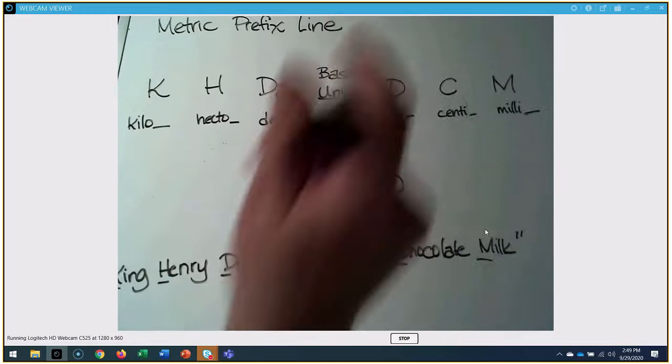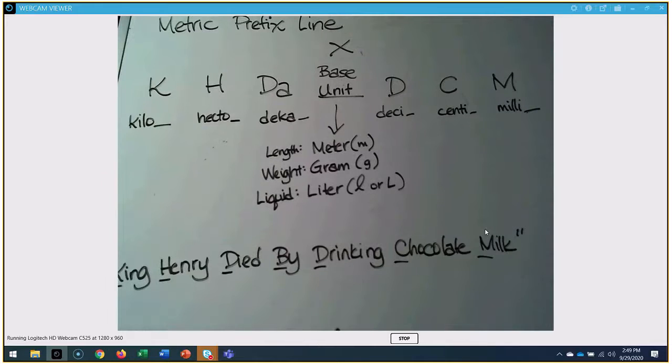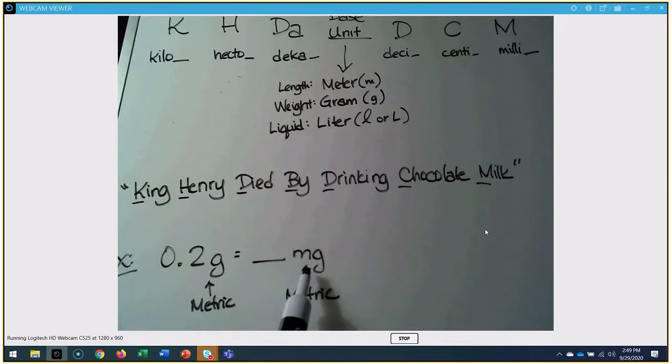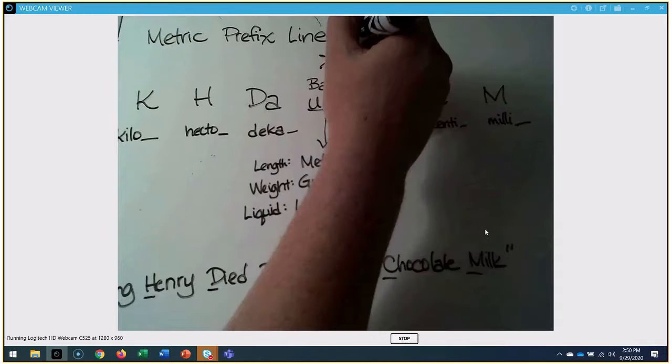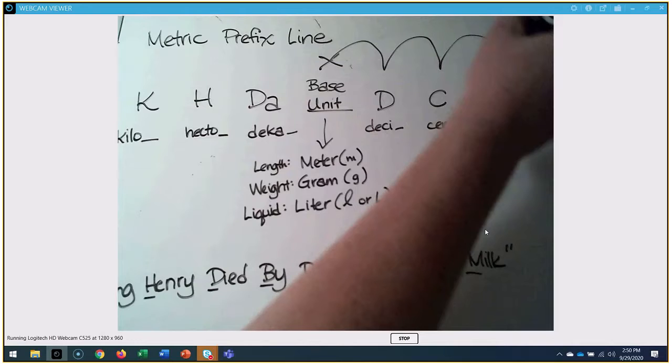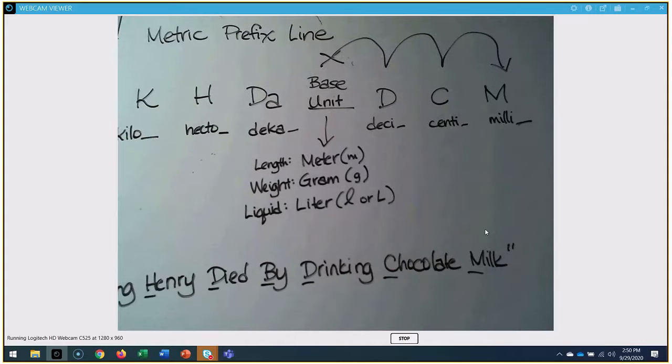Gram is a base unit, so you're starting right here. And you're going to move yourself to milligram. So you're going to move, in this case, 1, 2, 3 spaces to the right. What that means is move your decimal 3 times to the right.